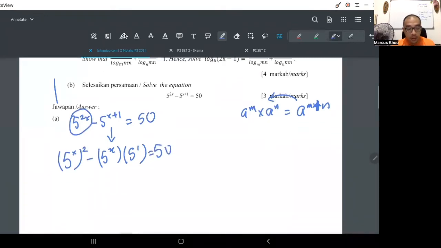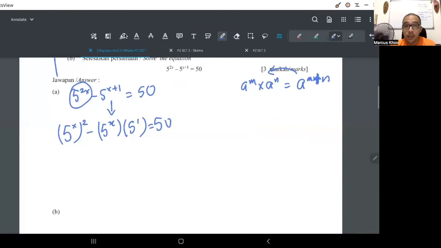Okay, equals to 50. And you notice that this form 5 to the power of x, dia macam x biasa. Saya boleh tulis ini sebagai, let's say lah, a squared minus 5a equals to 50, dengan andaian bahawa a adalah 5 to the power of x. And I can solve this quadratic equation.